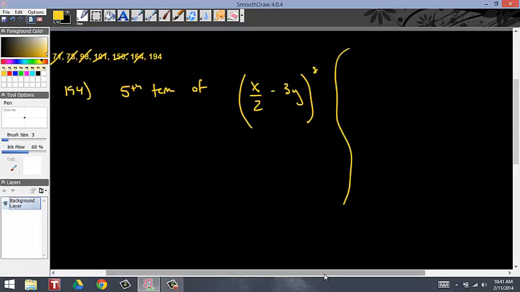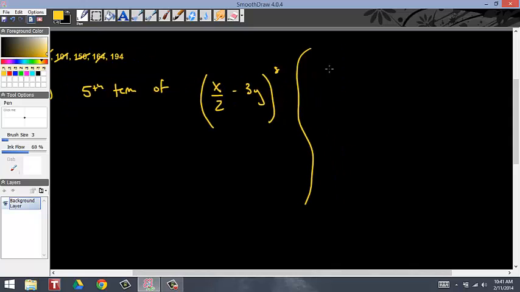For this, we need a binomial expansion formula. That is going to be the summation from k equals 0 to n of n factorial over n minus k factorial times k factorial, times a to the n minus k and then b to the k. This is that binomial expansion formula you guys are supposed to remember.